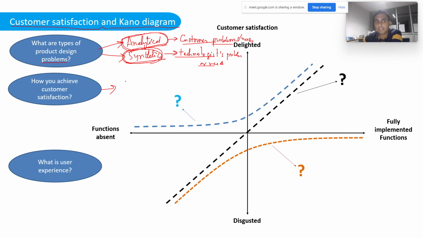Okay, so customer satisfaction happens when you meet customers' expectations.